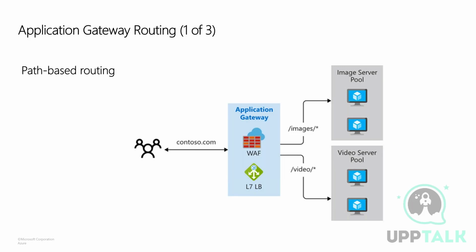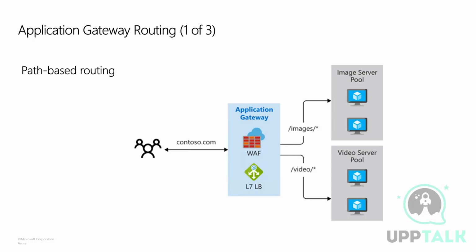The third advantage of application gateway is that you can do something called path-based routing. When I have a number of resources within the pool, I know which of these resources will need high-end processing, and on which machines I have high-end processing and on which I have average processing. So I can use path-based routing.